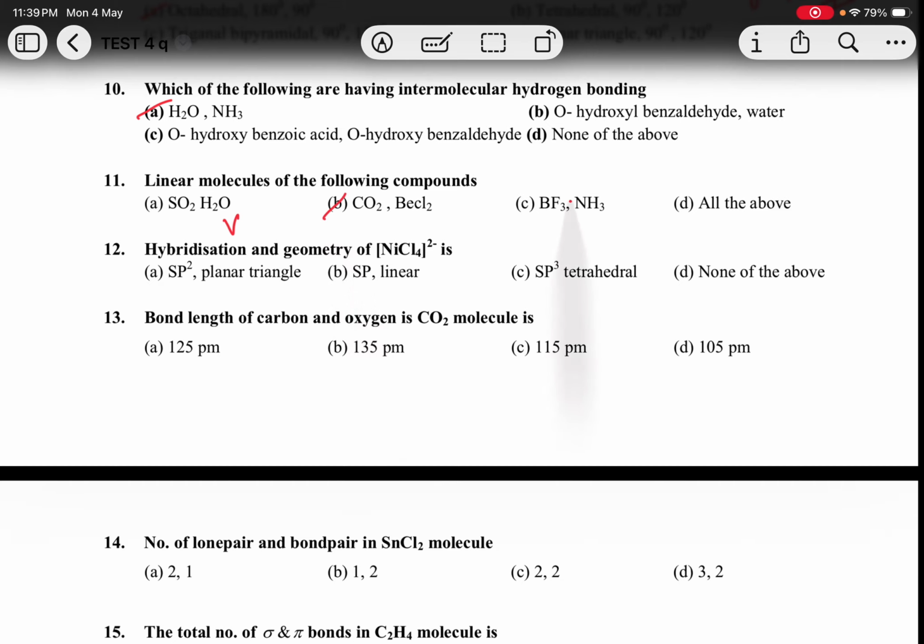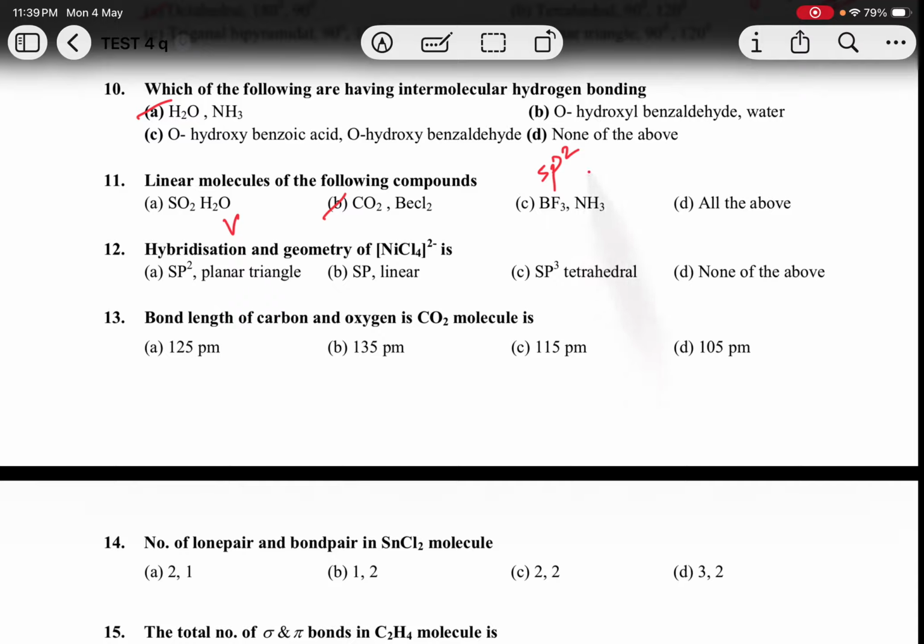Next, option C, BF3. Boron belongs to third group. 3 valence electrons form 3 sigma bonds with 3 fluorine atoms. So 3 means sp2 hybridization. sp2 hybridization means it has the structure of trigonal planar. NH3, ammonia: the central atom is nitrogen. Nitrogen belongs to fifth group.